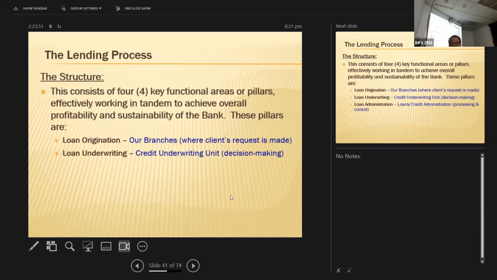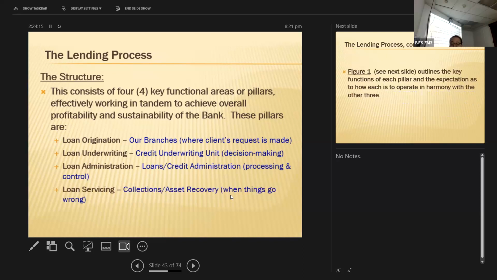But generally speaking, you have loan origination, which is the branches; loan underwriting, which is the decision-making team, or it could be a one-man band, a one-woman band; and loan administration, which is dealing with processing and control. And then finally, you have loan servicing. Loan servicing is your collections or asset recovery. This is when things go wrong.